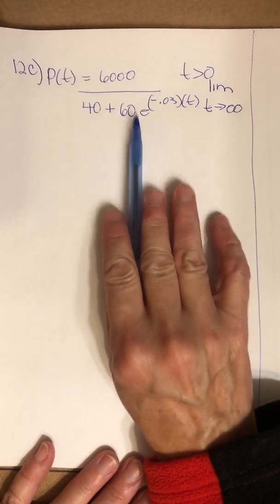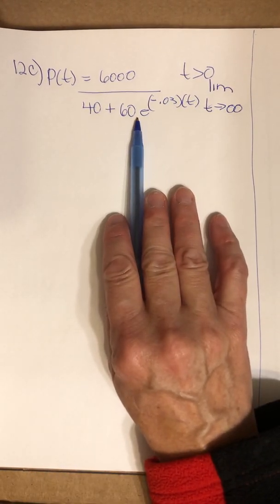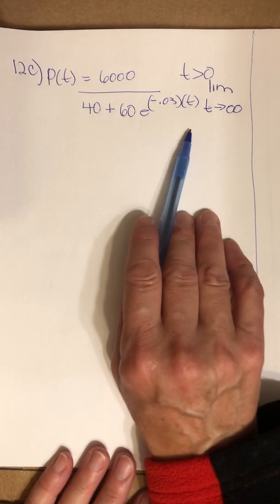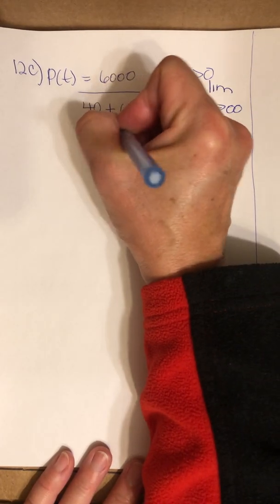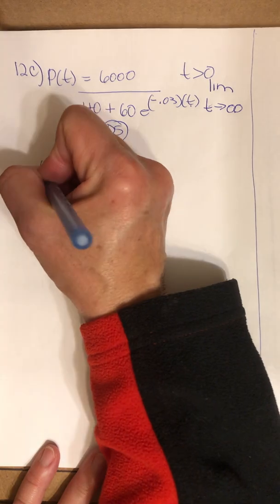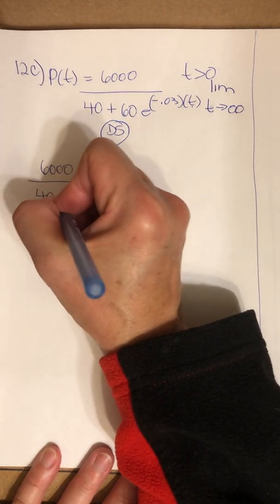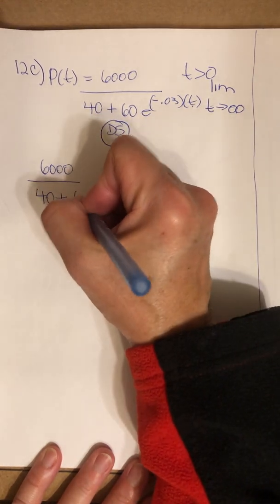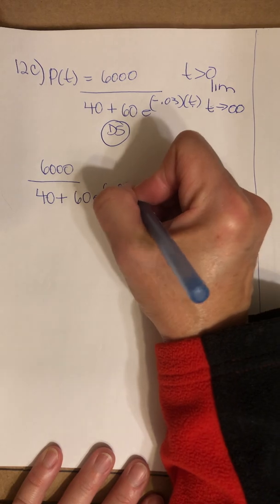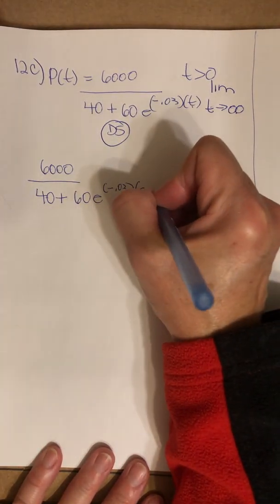Students will often have a hard time with bases of e, and so we are going to practice this, and we are going to use direct substitution. I am going to put in infinity for this t here and see if I can evaluate this limit. So I have 6,000 over 40 plus 60 times e to the -0.03 times infinity.